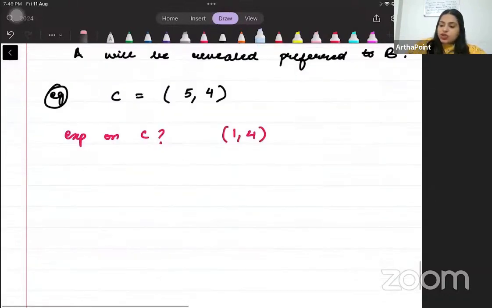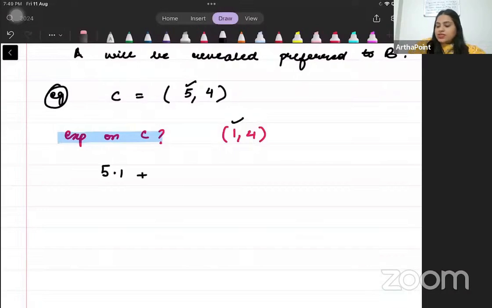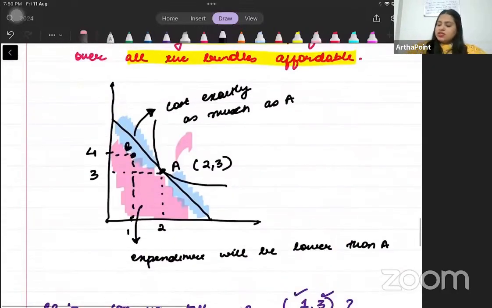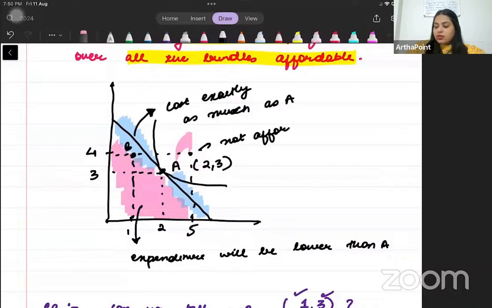So expenditure on C will be 5 into 1 plus 4 into 4. This will be 5 plus 16, 21. This is above your budget line, somewhere here. यहाँ पे 5 रहा होगा और ये 4 है. So somewhere here. This bundle clearly is not affordable.